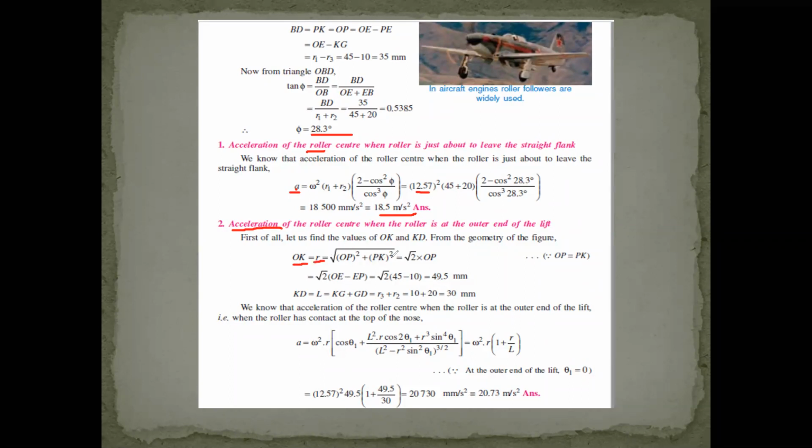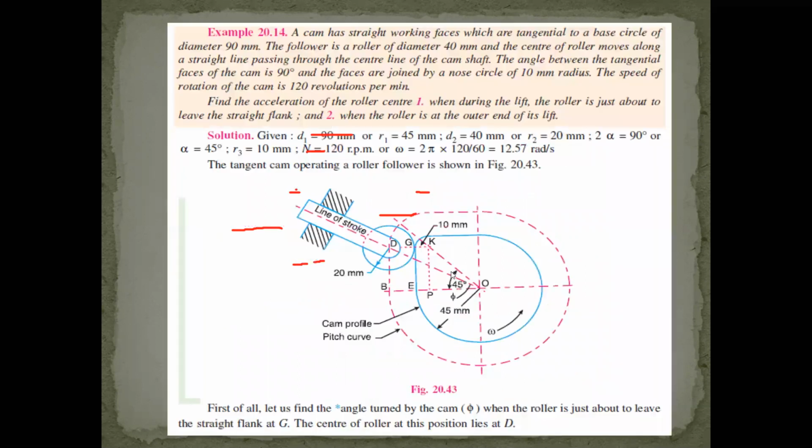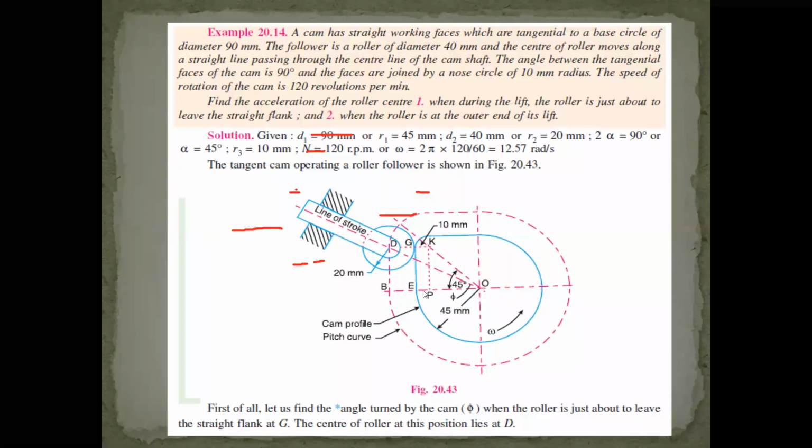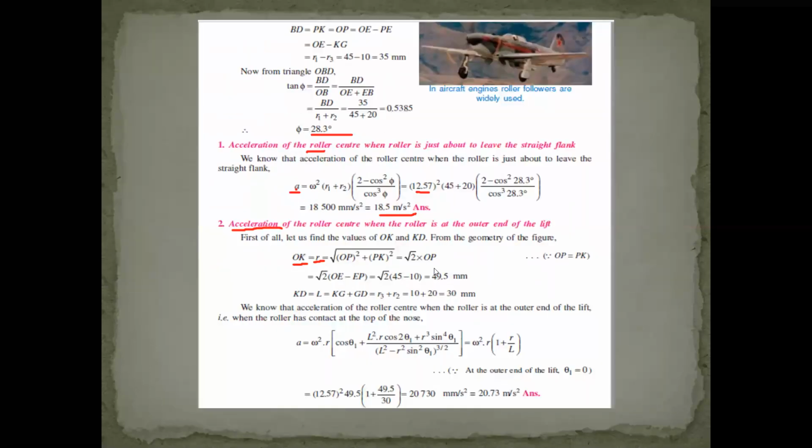So r equals the square root of OP squared plus PK squared. Just observe that r value. OK equals r. Small r is different from R1.